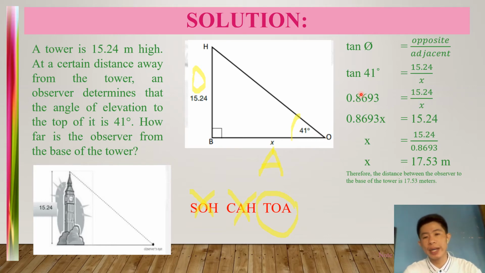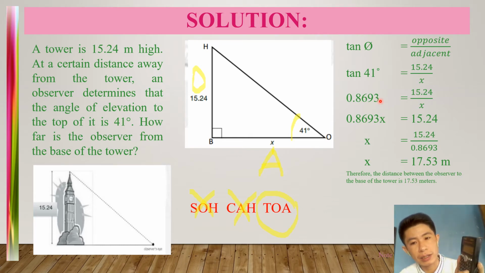okay, there are two ways to find the value of tangent 41 degrees. The first one is using the calculator, and the second one is using the table of trigonometric values, or the trigonometric table. Since we don't have the trigonometric table, we will use the calculator. So we will just click the tangent button here, tangent 41.